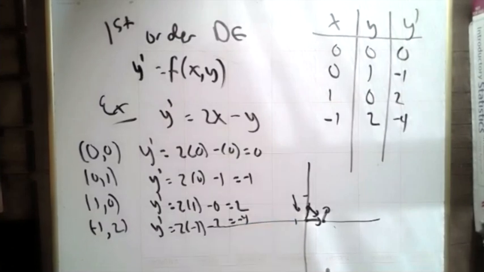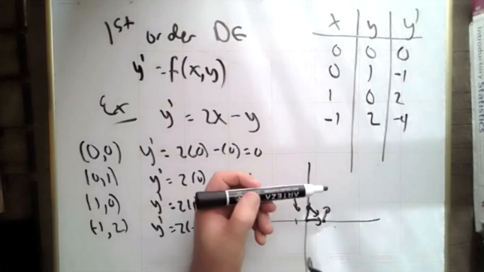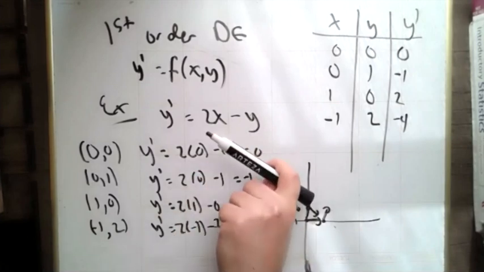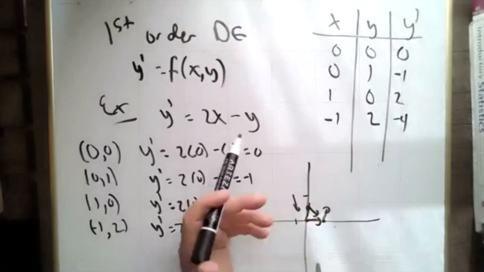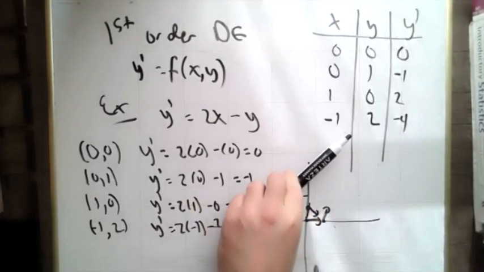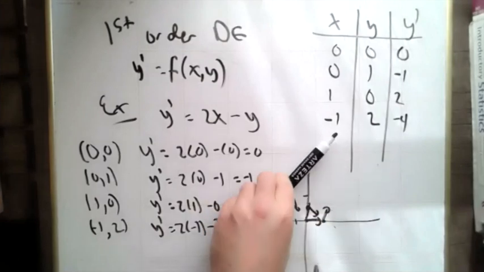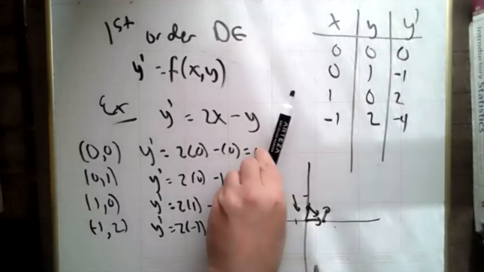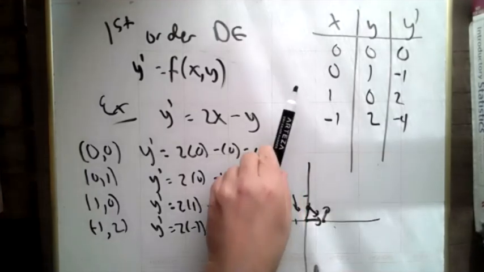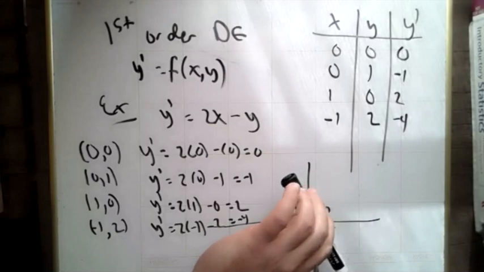And we're always thinking going left to right. So I'm never going to draw my vectors going backwards. We're always going to assume that our x's are increasing, just like we always do with slope. So all my vectors are going to point left to right, either up if they're positive or down if they're negative.